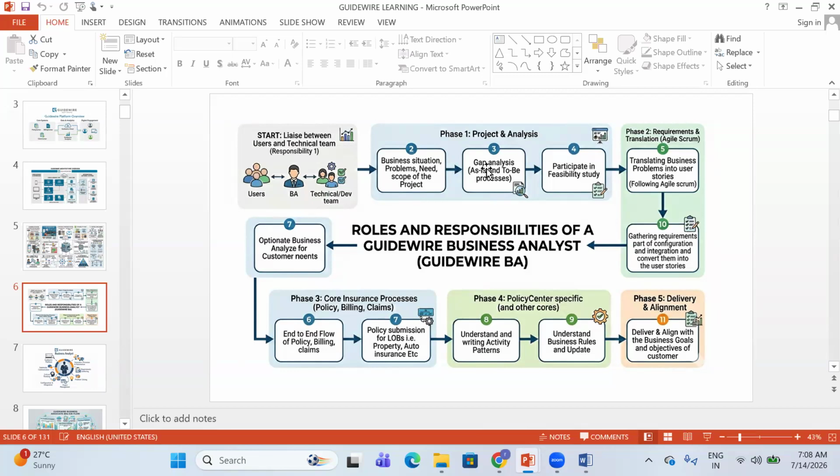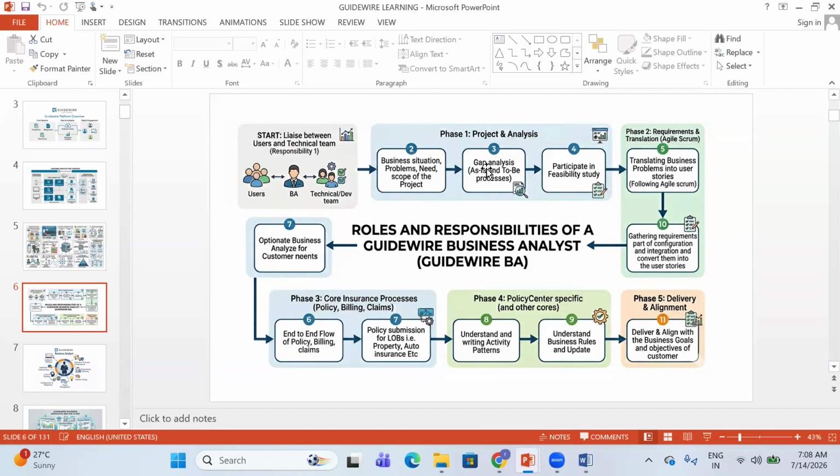From there, requirements translation, translating business problems into user stories, is something that we do, because now and then we are writing user stories. How to write user stories, you will be learning here. Once we have gathered and translated all the requirements, we analyze the customer needs.